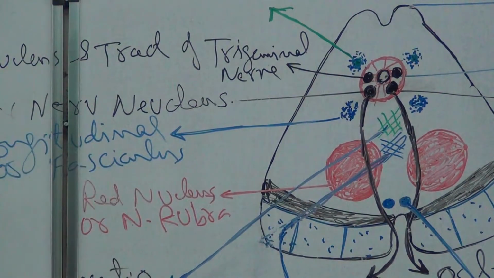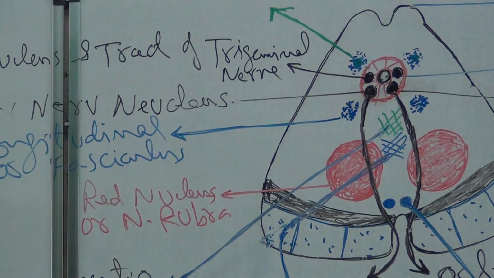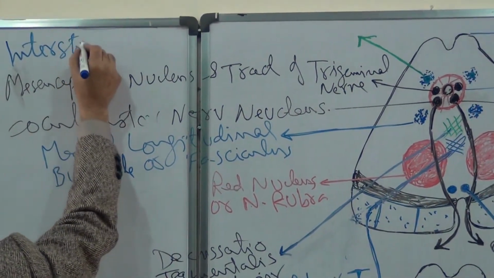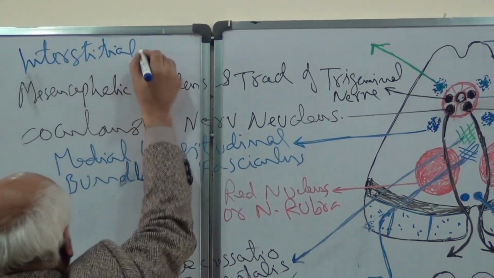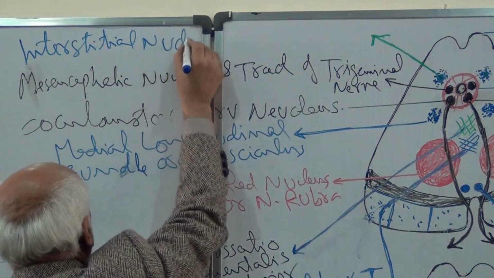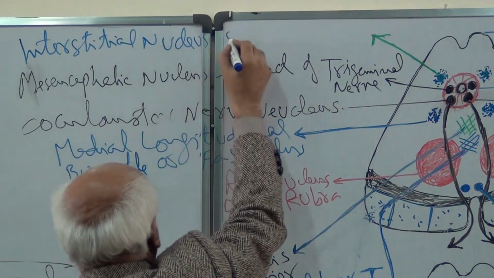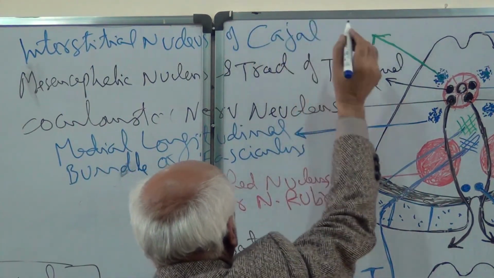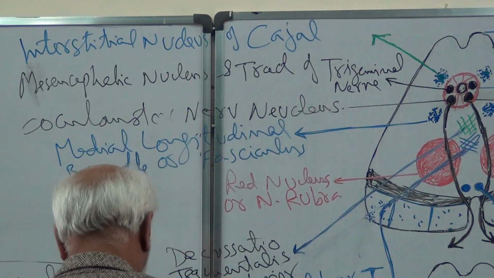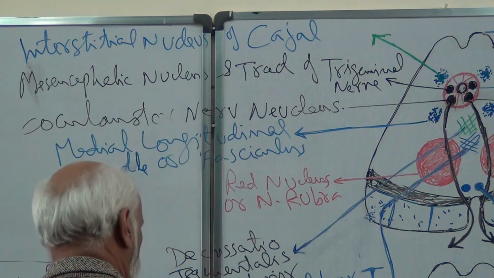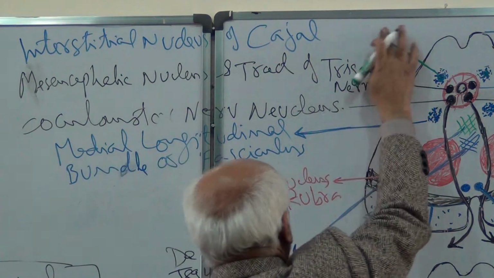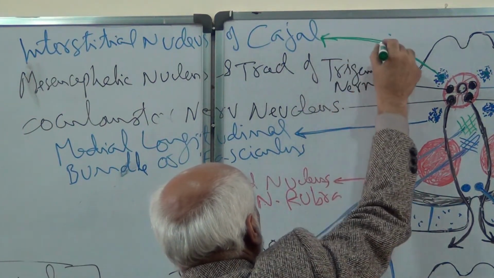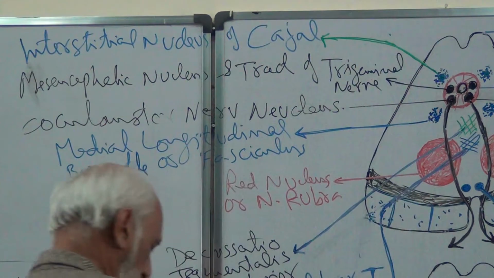It is known as the interstitial nucleus of Cajal. It is present among the nerve fibers of the upper end of the medial longitudinal bundle.